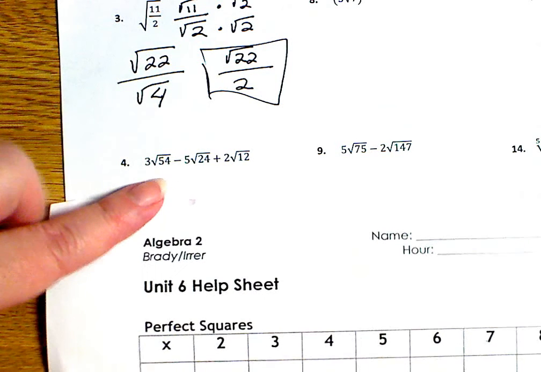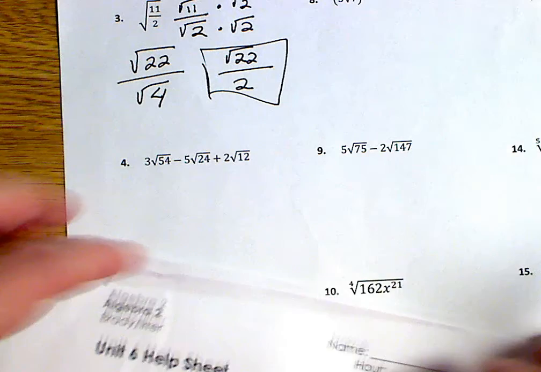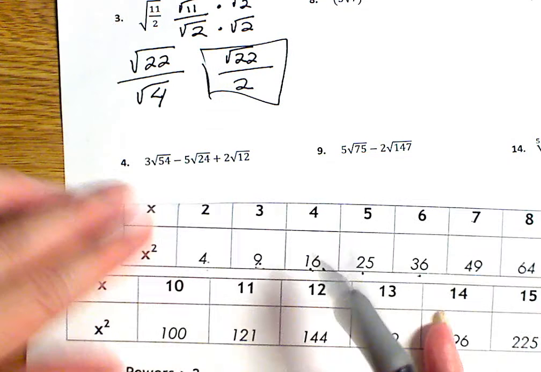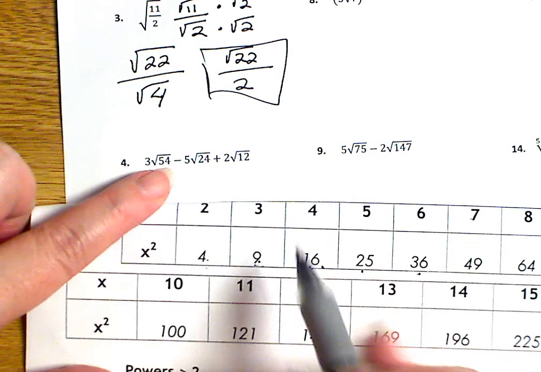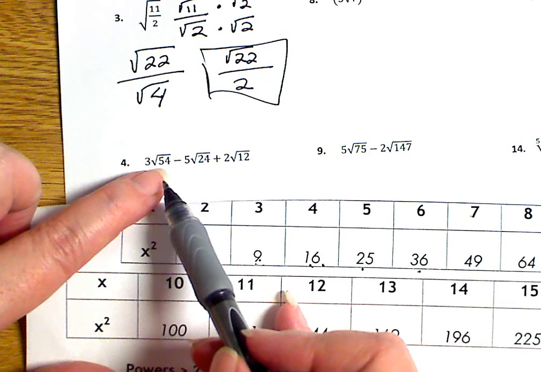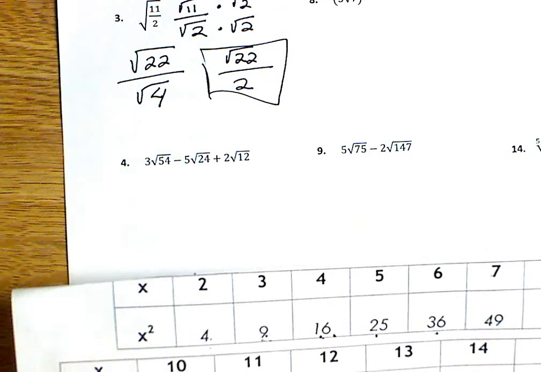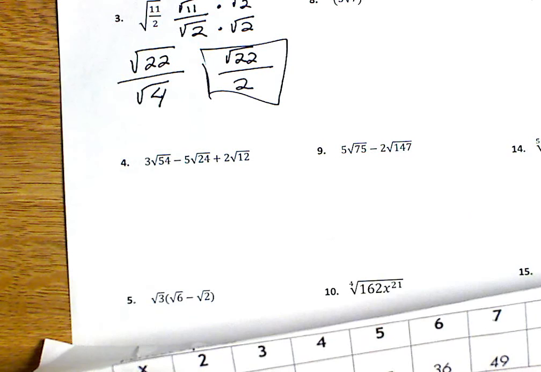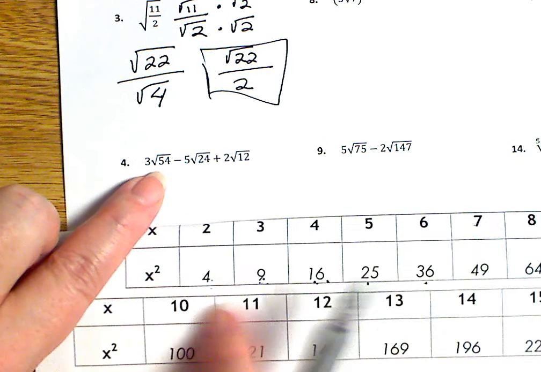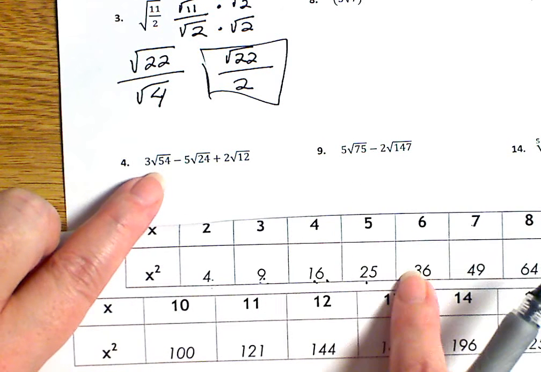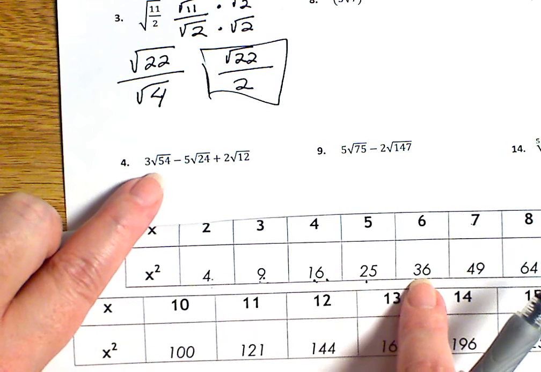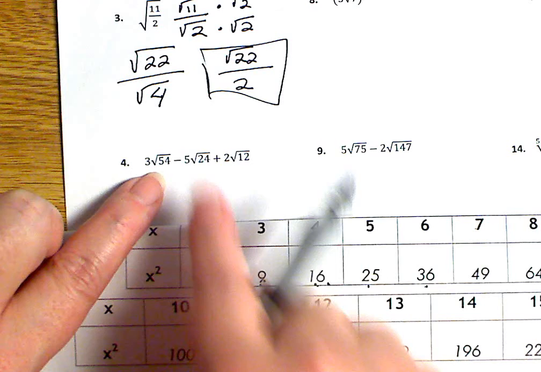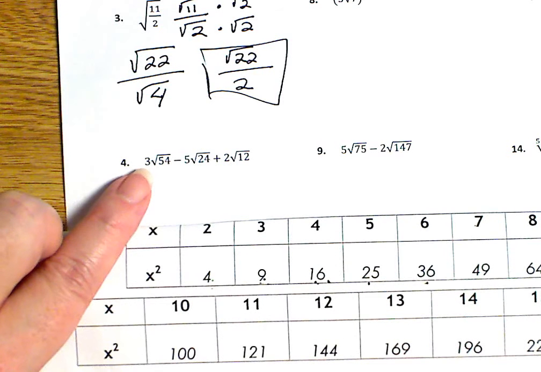So when you take your 54, you have to divide by those numbers. So you take 54 and divide it by 36. Does it work? 54 divided by 25, 16, 9, 4. What two numbers give me the 54?